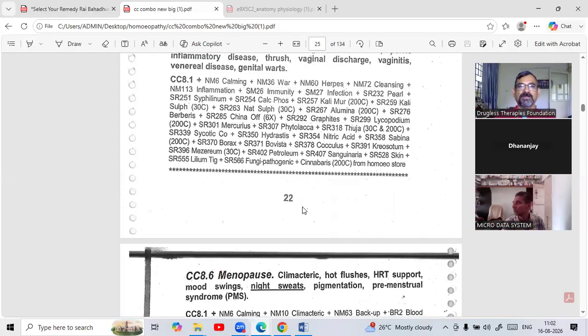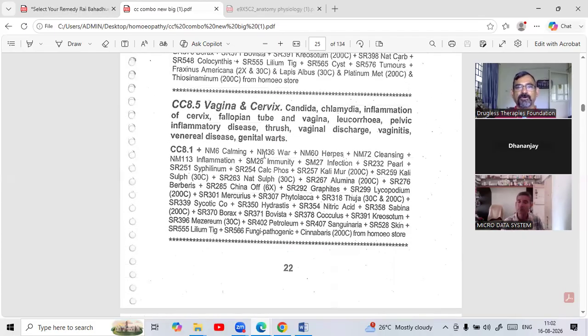See, you have to see individually also. How can you reverse engineer this combination? What is the best homeopathic remedy for white discharge? From where do we start our homeopathic remedies: syphilinum, natrum sulf, alumina, berberis, china.